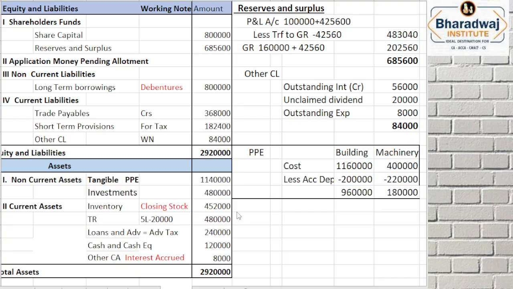Try the next one. It's a very simple question. You're going to tell the answer. I'll complete the P&L account part, then we'll go to the balance sheet.